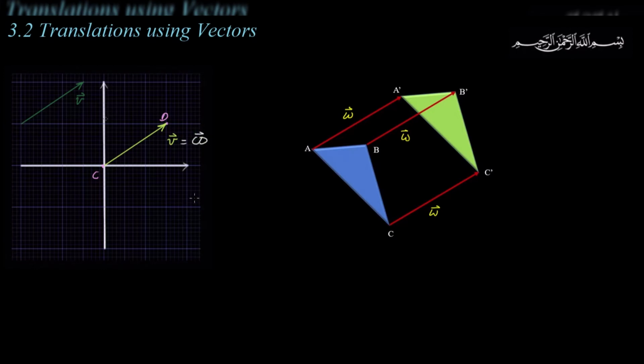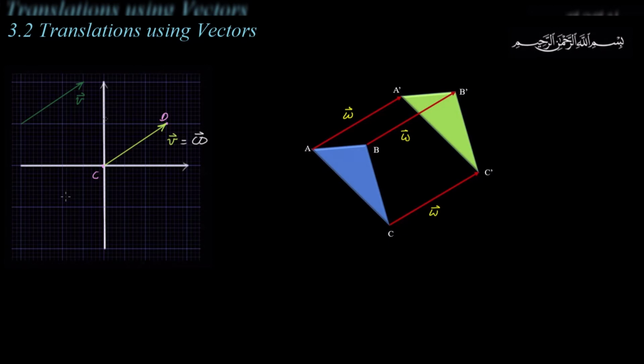Notice over here, I moved the vector V to quadrant number 2. It's the same vector because it's the same length and the same direction. In other words, they have the freedom to move in the Cartesian plane, and they will be the same vector as long as their length and direction are the same.